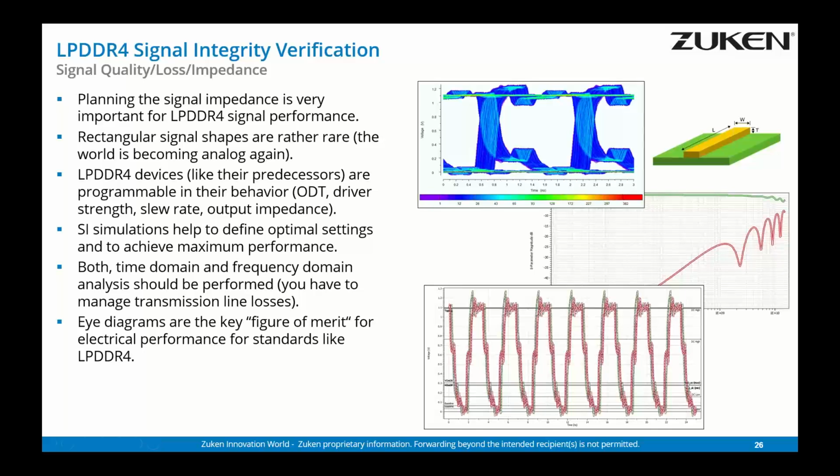For Signativity, there are further aspects gaining importance. I did mention that eye diagrams are the favorite figures of merit to check the validity of signals. However, you should look not only in the time domain, but in the frequency domain as well, because losses, so insertion loss and return loss, are gaining importance.